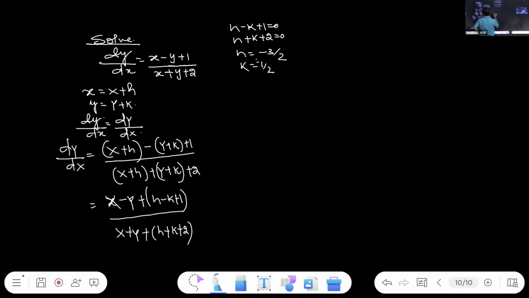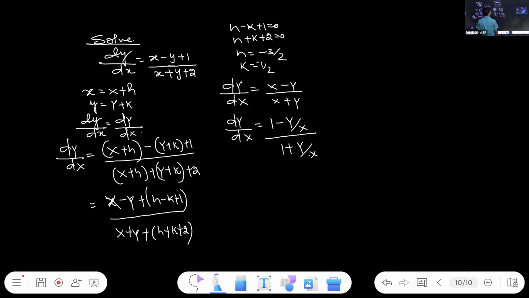Right? Now the equation reduces to dY upon dX equals (X minus Y) upon (X plus Y). Now divide both numerator and denominator by X. So dY upon dX is equal to (1 minus Y upon X) upon (1 plus Y upon X).